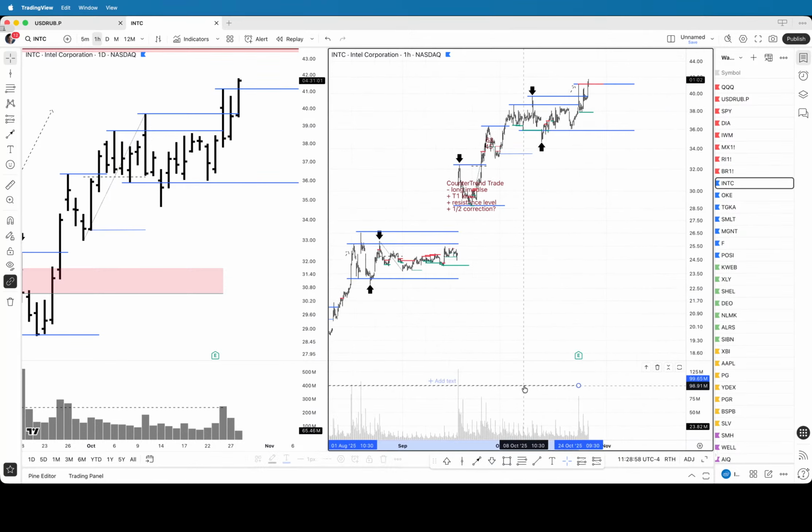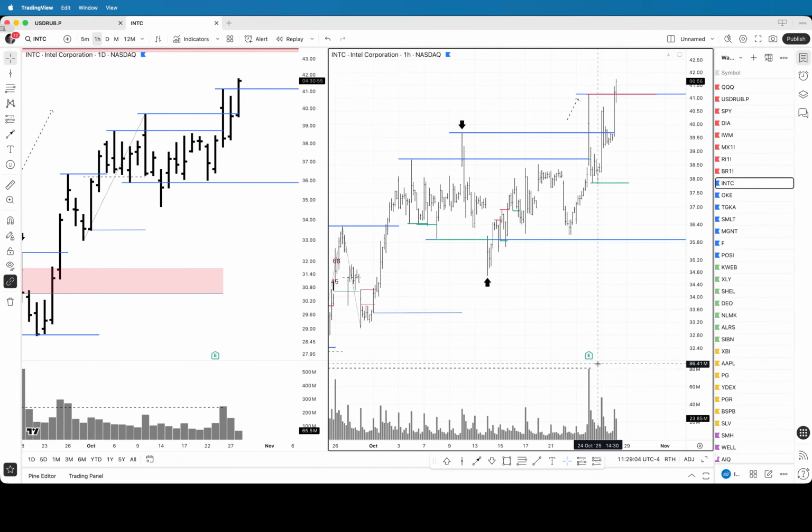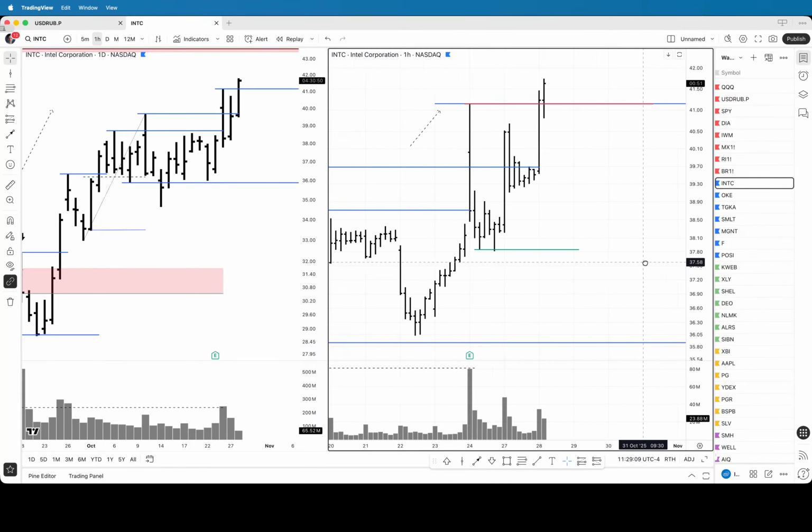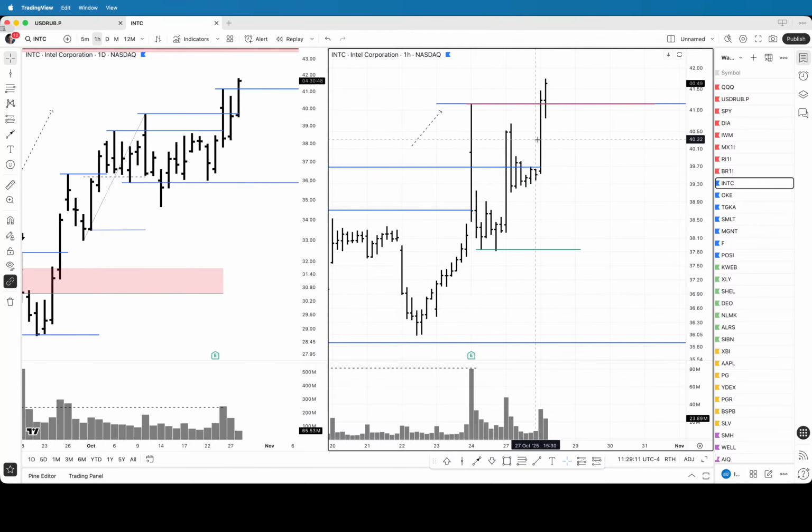Especially on earnings. It's not the biggest volume, but it's big volume. Nothing happens. Just goes.